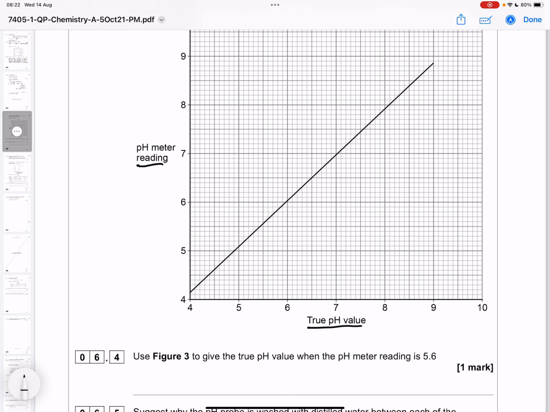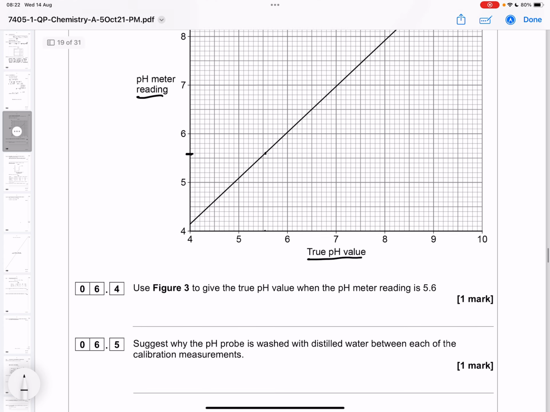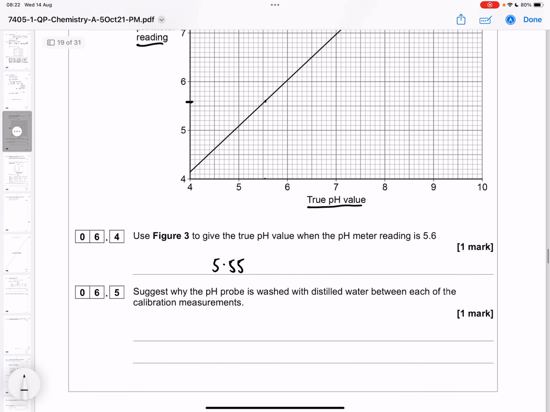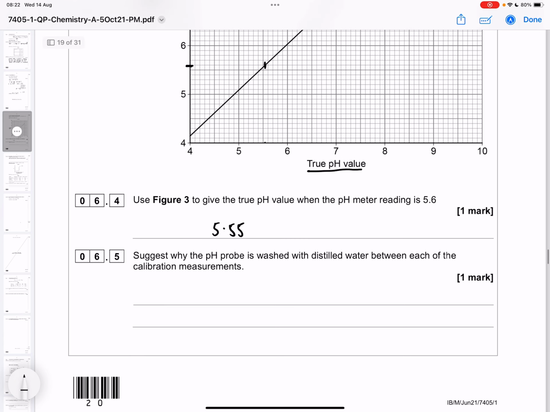So what you need to do is go along from 5.6 here to the curve, and it's just after this line here, so it's just after 5.5, but it's not at 5.6, so it's 5.55. So you can see it's in between 5.5 and 5.6.